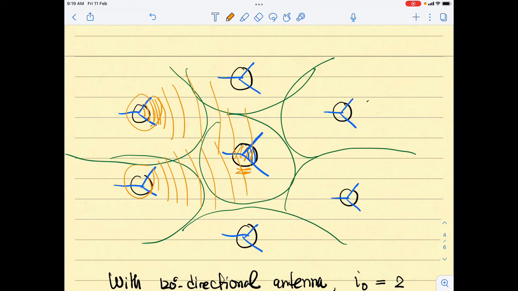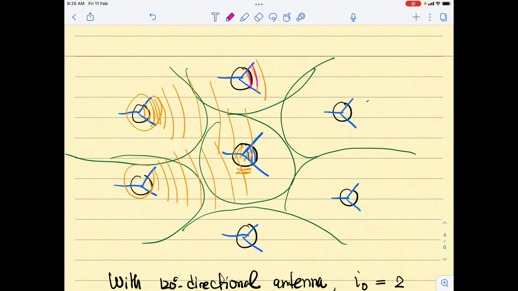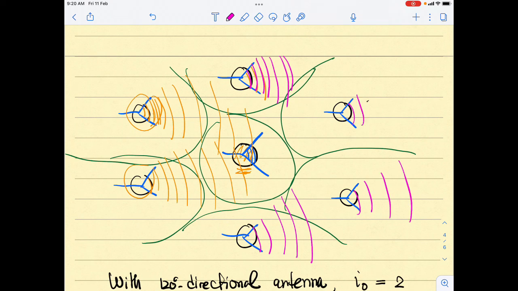What about the other 4 cells? Well, it turns out the other 4 cells, when they transmit the same set of frequencies, are not gonna interfere with the cell in the middle, because it's all going in other directions. So it doesn't affect the guy in the middle.